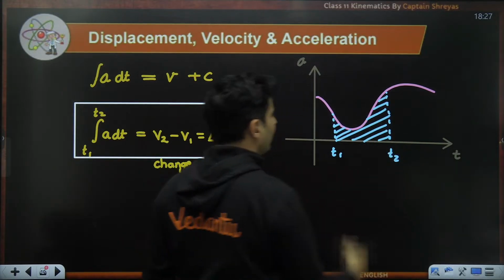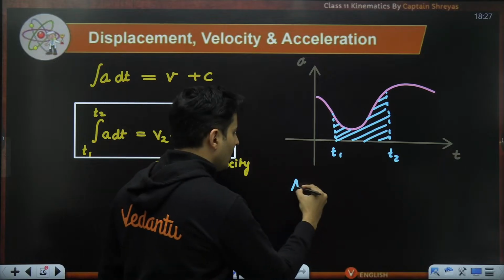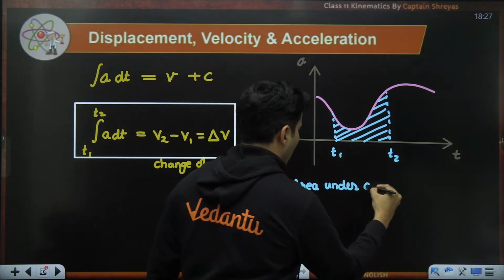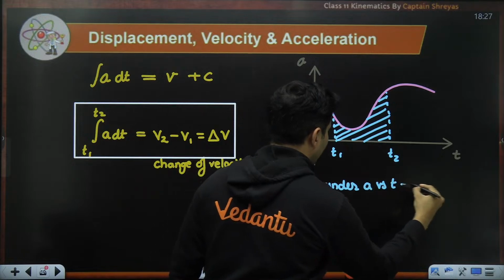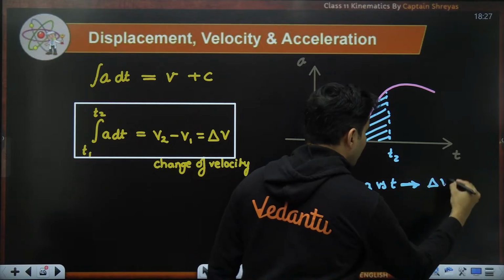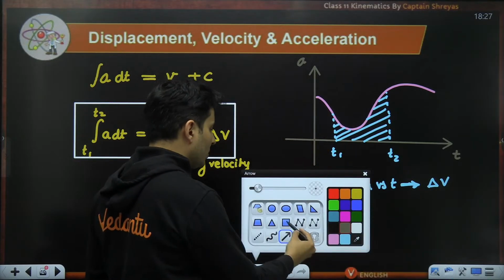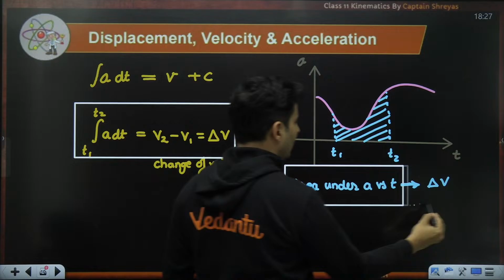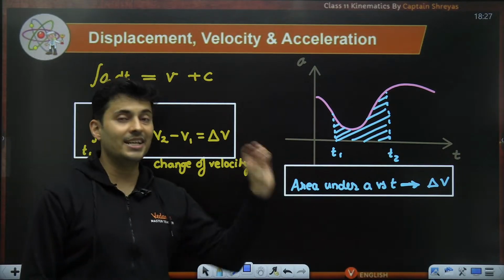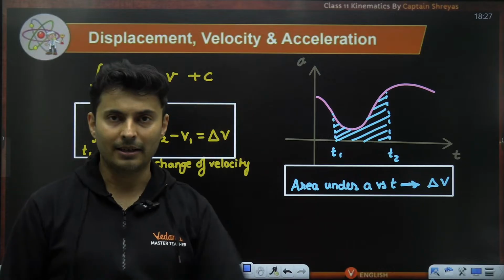The area under acceleration versus time never gives you velocity, it always gives you change in velocity. A lot of students make this mistake. I've seen it in almost every exam. They think it is velocity. Wrong, it is change in velocity.